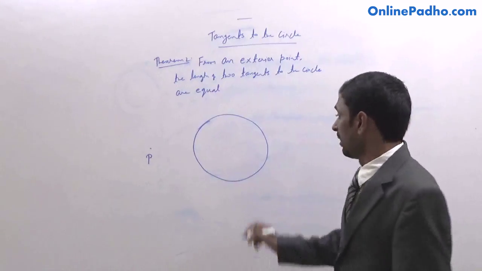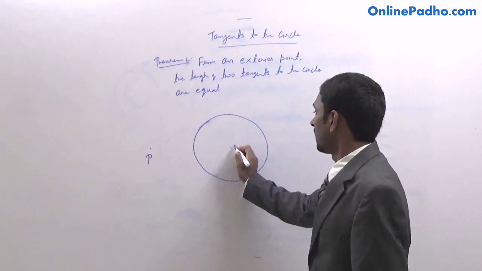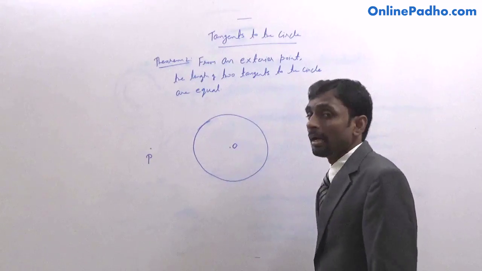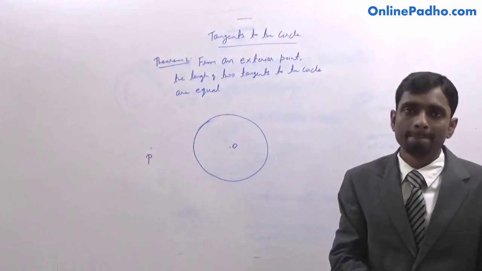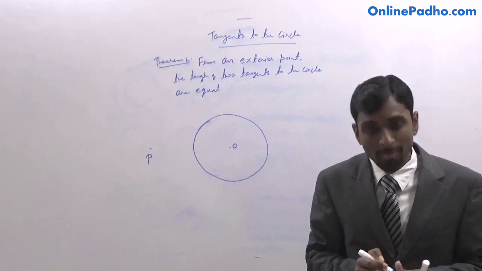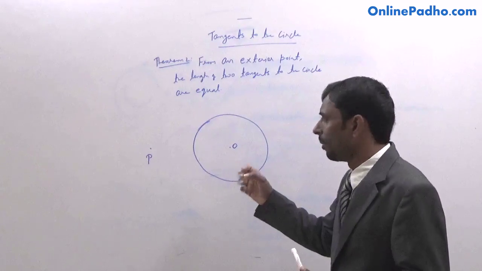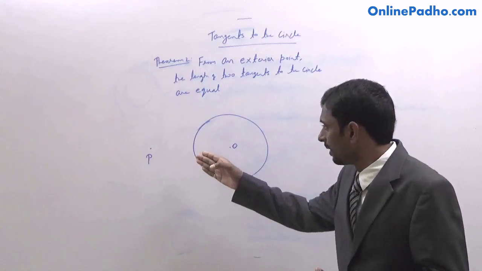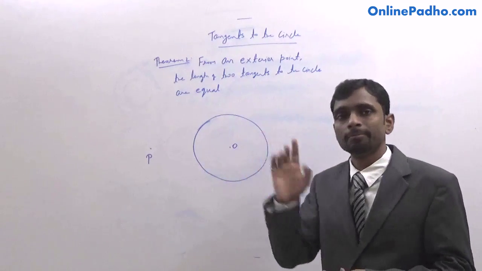If we have a circle with center O and radius R and an exterior point P, first of all, how many tangents can be drawn from the point P to this circle?